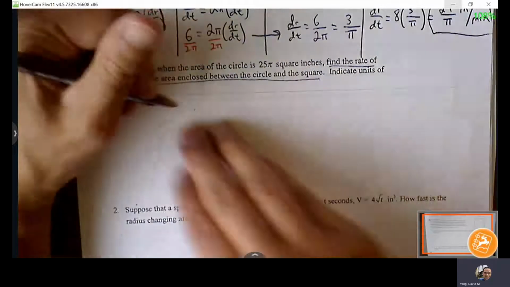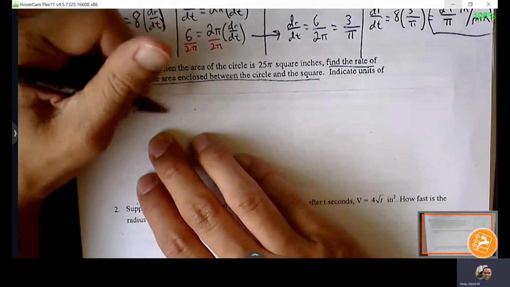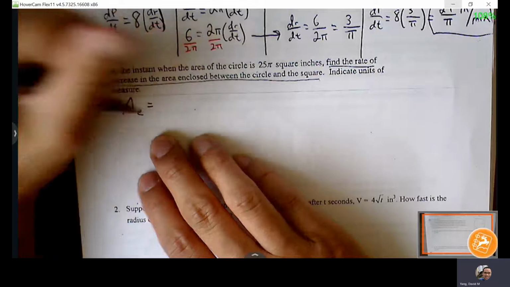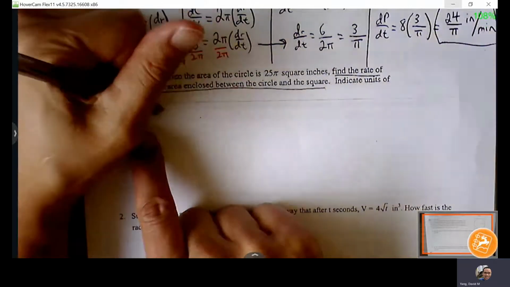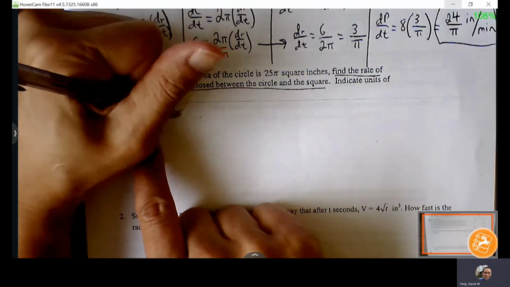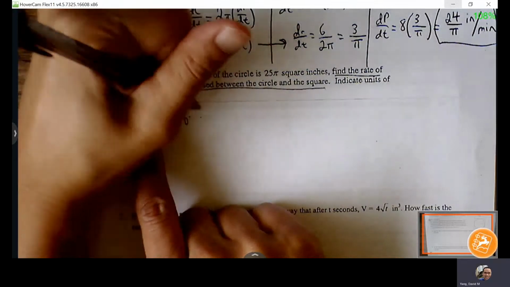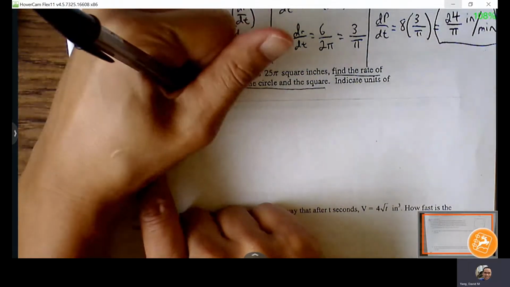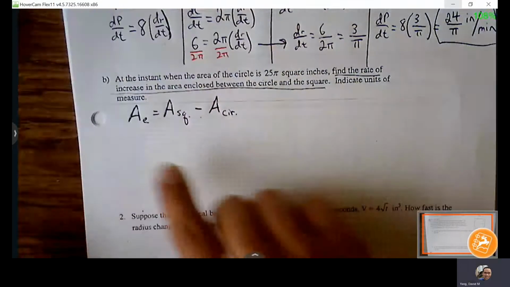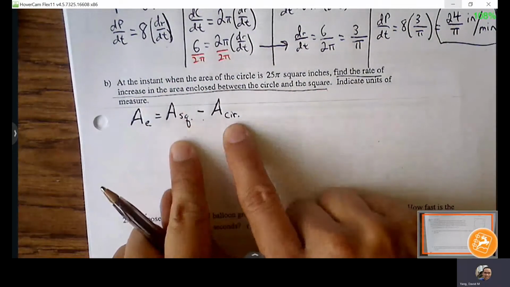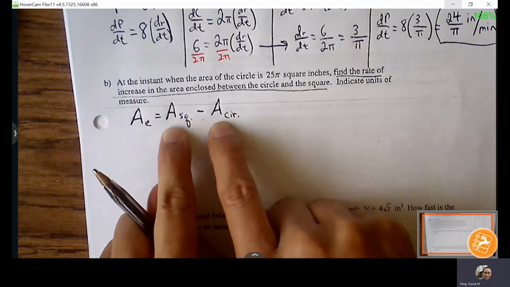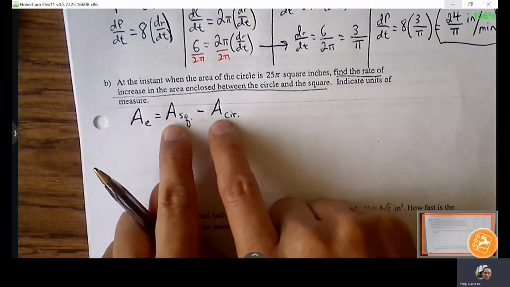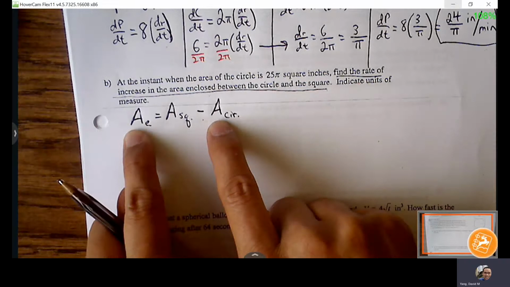Okay, so I'll let A sub E, the area of the enclosed shaded region, be equal to the area of the square minus the area of the circle. We can fill these with variables and equate with the formula, and then we can worry about dA/dt.